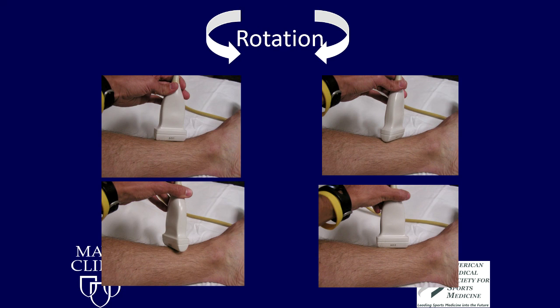Rotation is very, very important, particularly when you're looking at a linear structure such as a tendon or when you're doing an interventional procedure. In that case, you want to line up your transducer directly over the top of your linear structure. And sometimes if you're oblique, all you have to do is rotate the transducer a little bit and it'll line everything up so that you can see the structure of interest all the way across the bottom of your transducer.